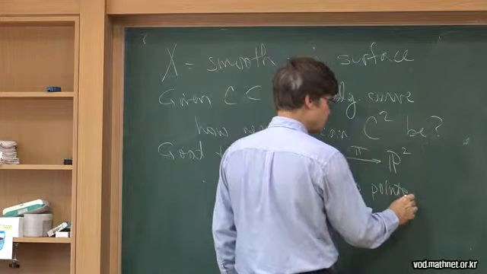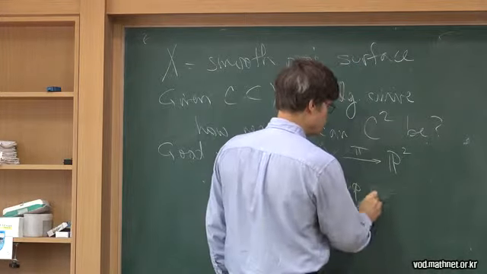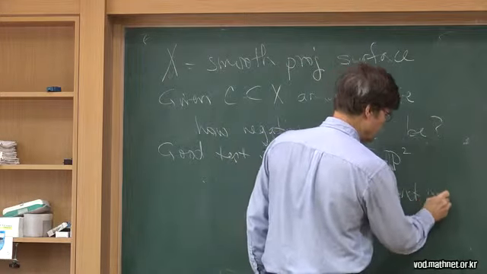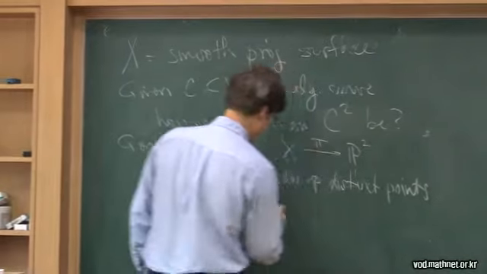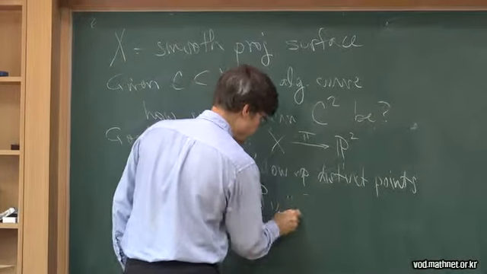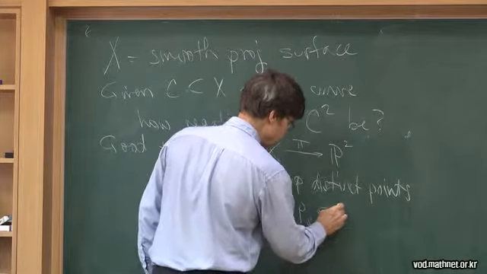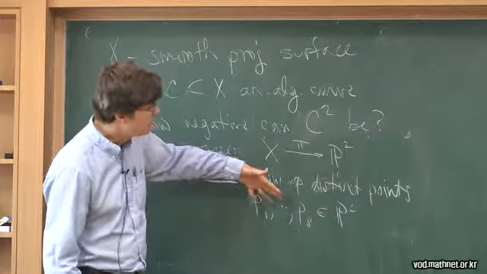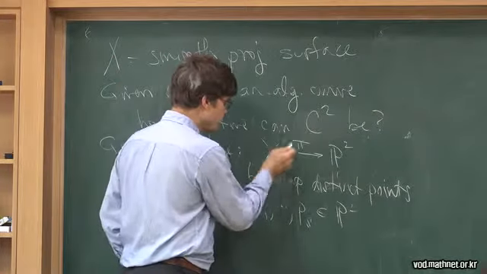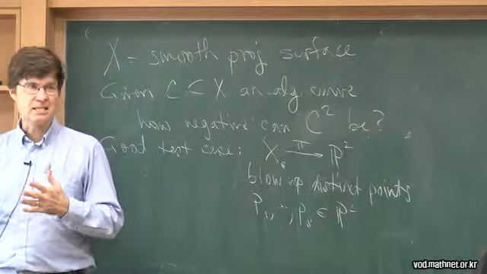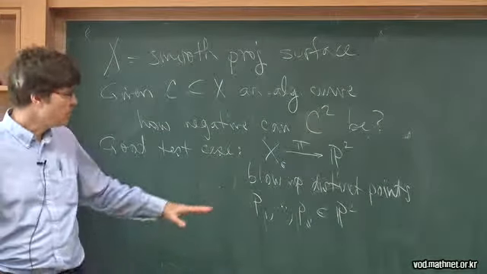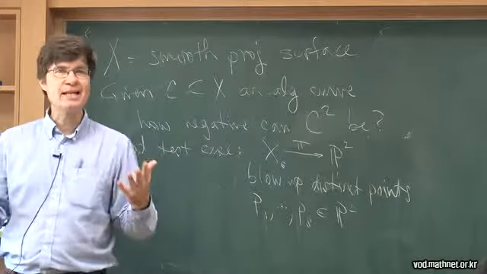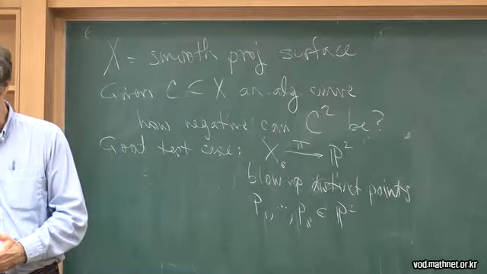And let's say the points are distinct. So to denote how many points I'm blowing up, I'll use a subscript s. But the points could be special, they could be general. We don't know anything about the points at this stage.